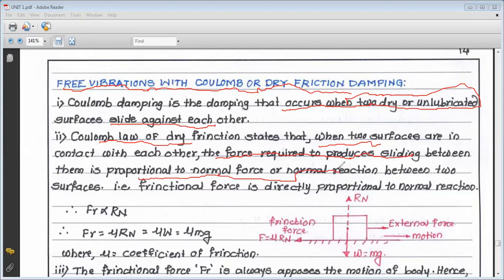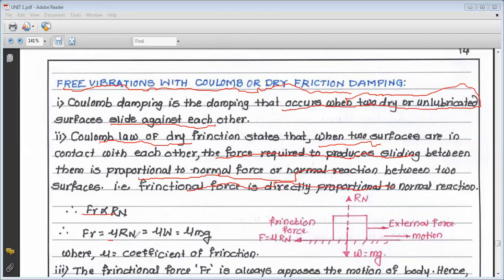It means the frictional force is proportional to the normal force or normal reaction, which we generally denote as Rn. So we can say that the frictional force is directly proportional to the normal reaction. So Fr is directly proportional to Rn. We take the proportionality constant as mu, and this is called the coefficient of friction.